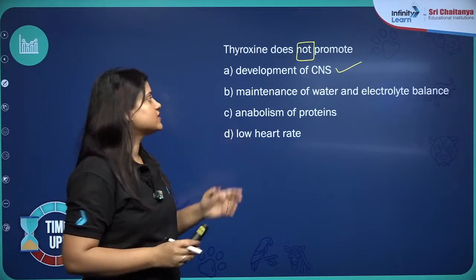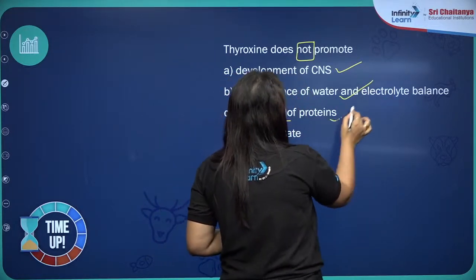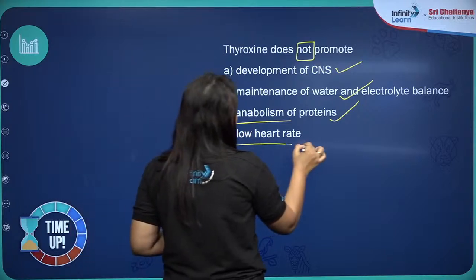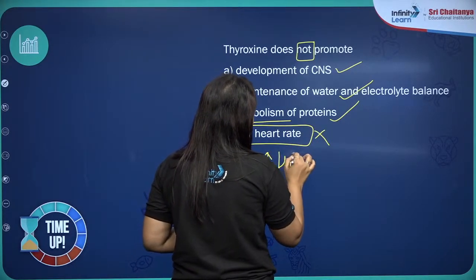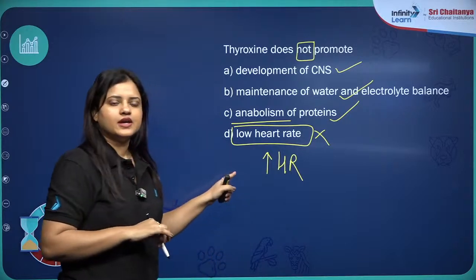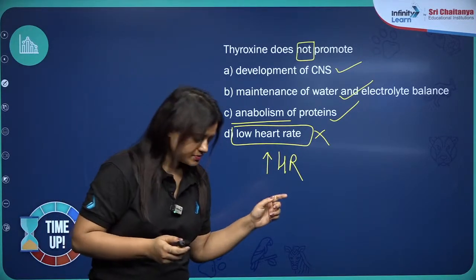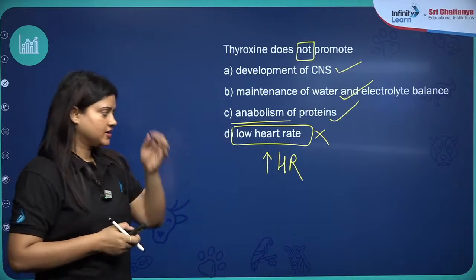Yes, it is involved in that. Anabolism of protein, yes, but here it is written low heart rate, no. Thyroxine increases heart rate. Write it down if you had any confusion. So the correct answer here should be D. Correct answer is D.